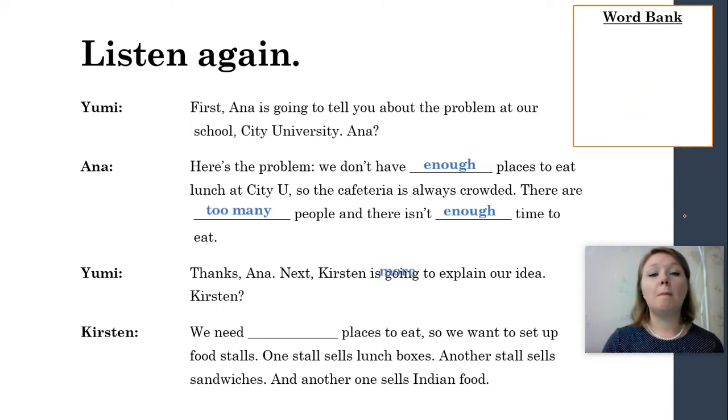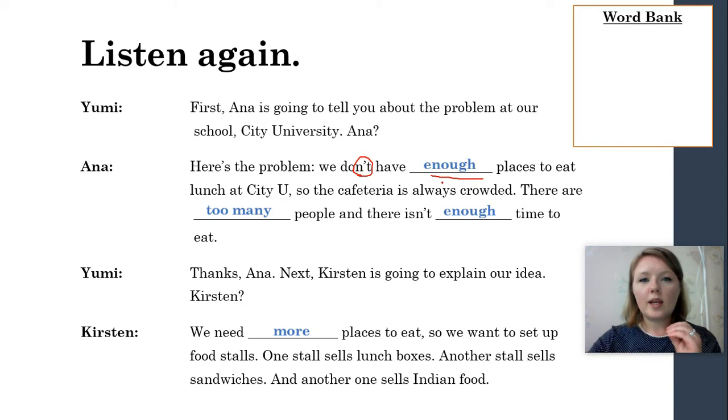We need more places to eat. So let's look at this example and see how problems are described. So here we see not enough. So we could say there are not enough places, or we don't have enough places to eat lunch, right?